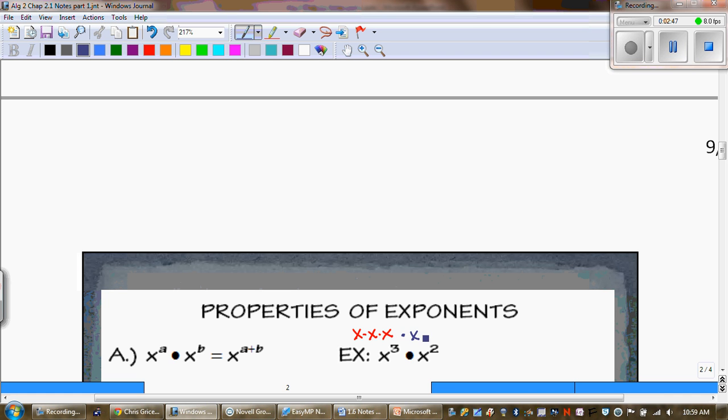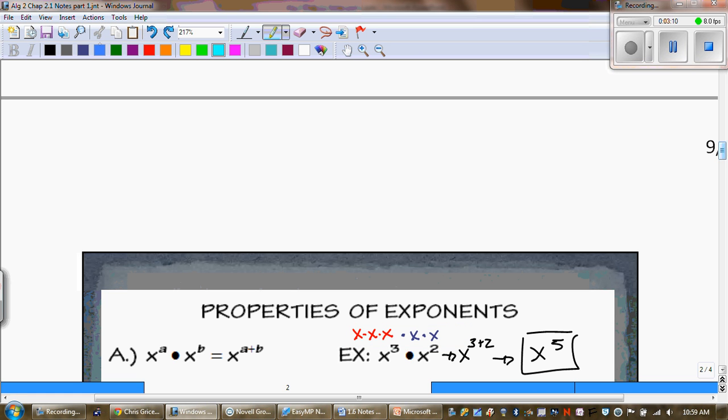X squared, we'd have 1, 2. Well, how many do you have? Well, you would have x, 3 plus 2, which gives you x to the 5th. And guess what? That's how many x's you have right there. You have 5. Okay?